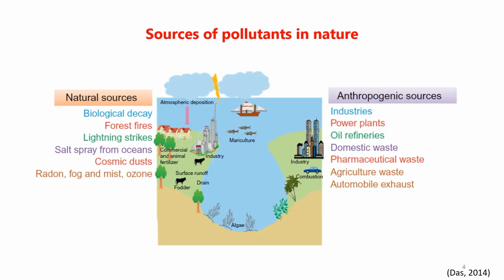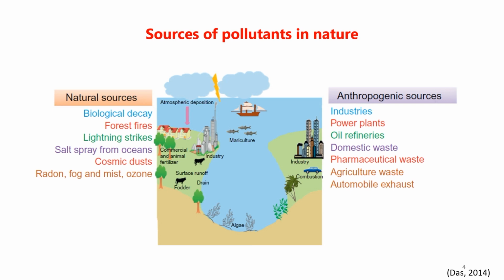So, what are the sources of pollution in nature? We have some natural sources of pollution, which are inevitable and not controllable, which happen due to biological decay, and then forest fires, and some lightning strikes which sometimes cause these forest fires.